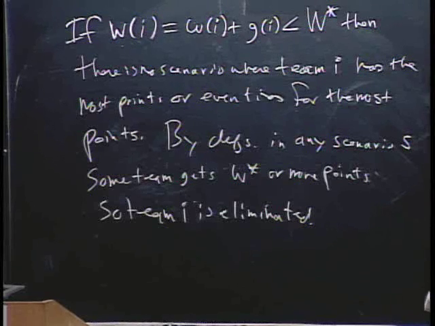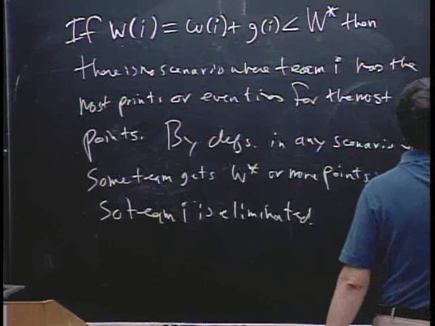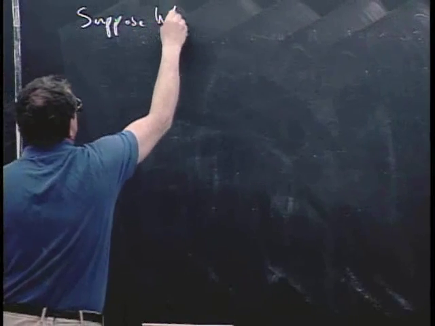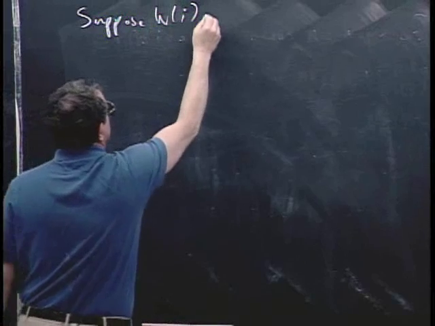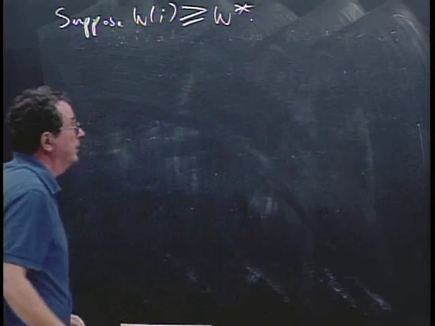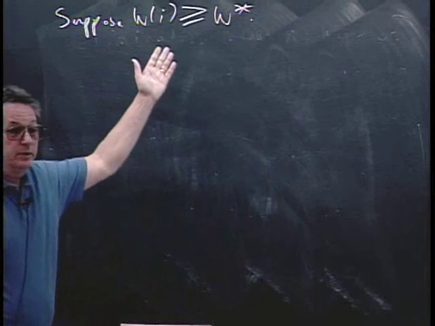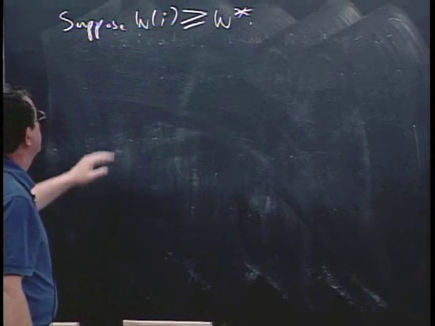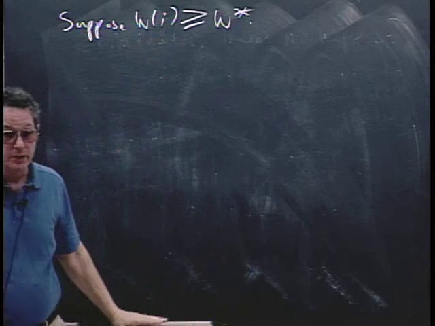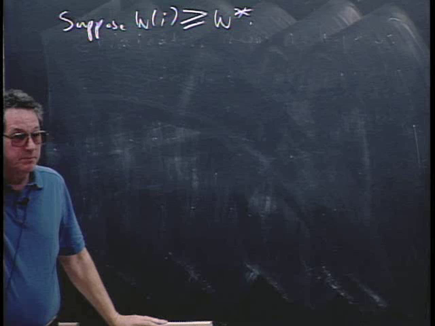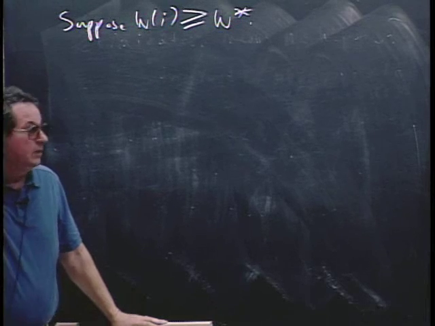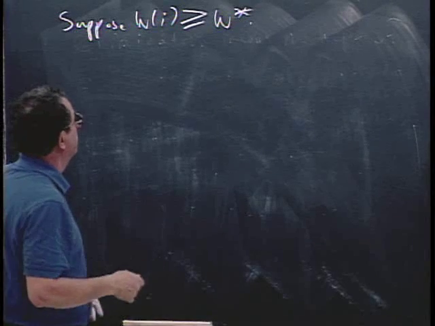Okay. So the other side is suppose Wi is greater than or equal to W star. I want to exhibit a scenario in which Team I is in fact not eliminated. Team I has the most points, or is tied for the most points among all the teams.